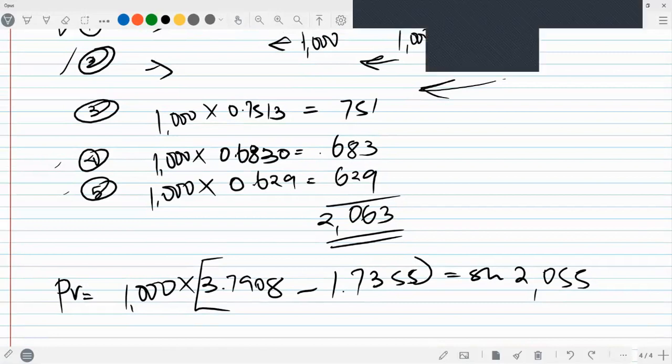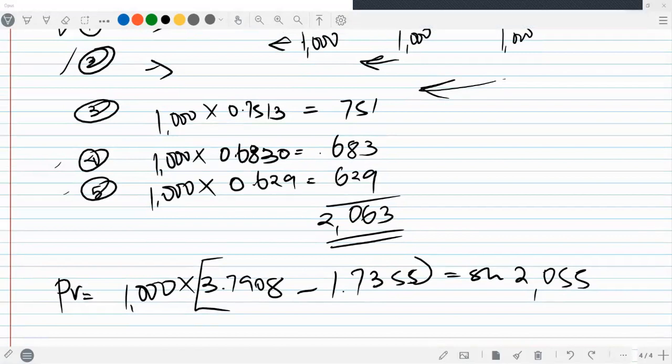So it's giving almost the same answer. I'm not sure why there's a difference of 8, but anyway, you get 2,055 to be the present value.